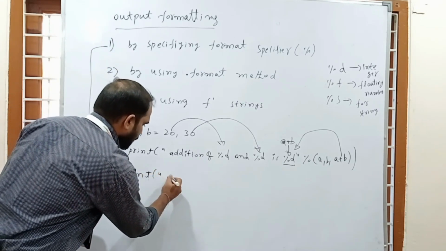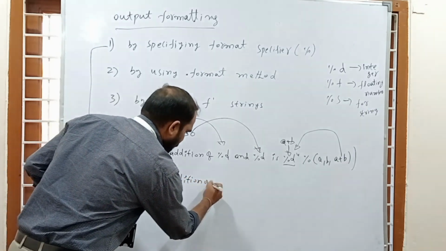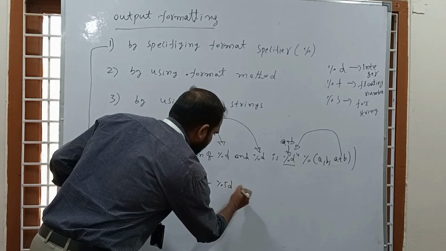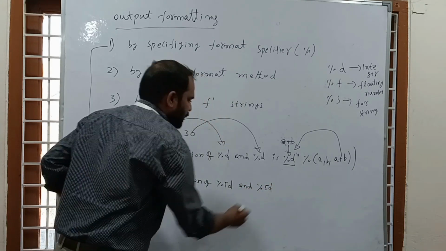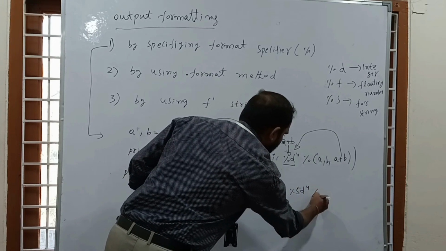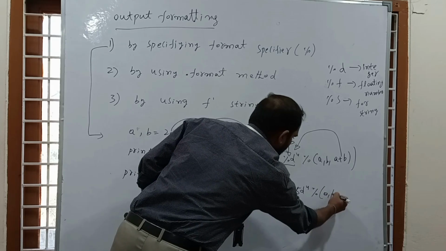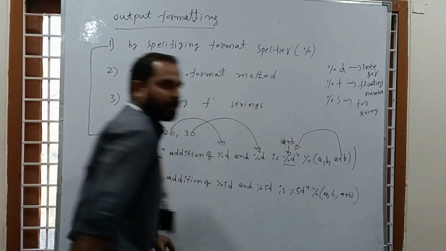print addition of %5d and %5d is %5d, then percent a, comma, b, comma, a plus b.